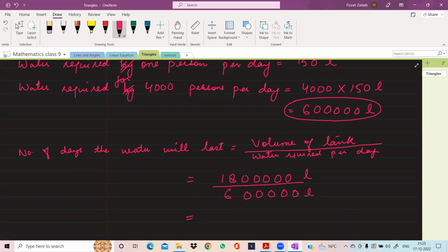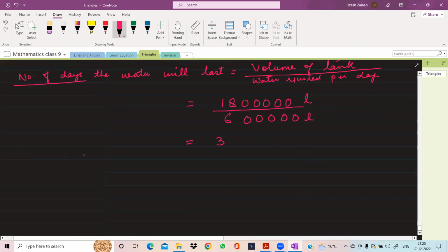So all the zeros will cancel out, and 6 into 3 is 18. Liters also cancel out. So only 3 will come, because this is the number of days. So there's no unit. It's just 3. Thus the water will last for 3 days.